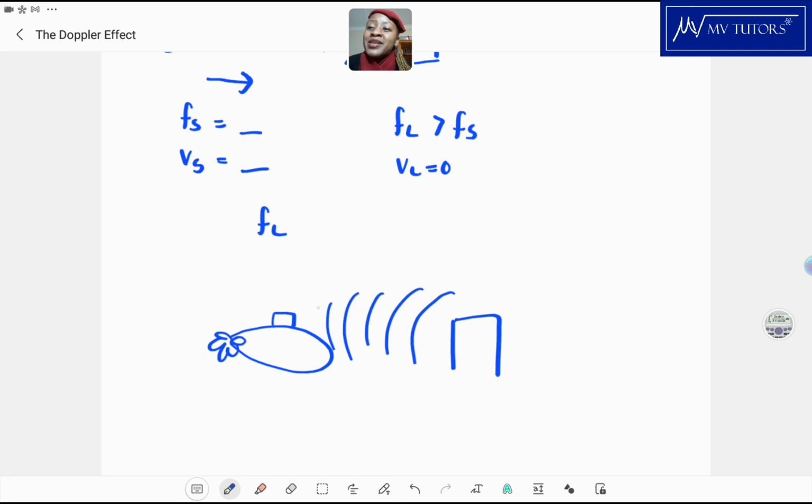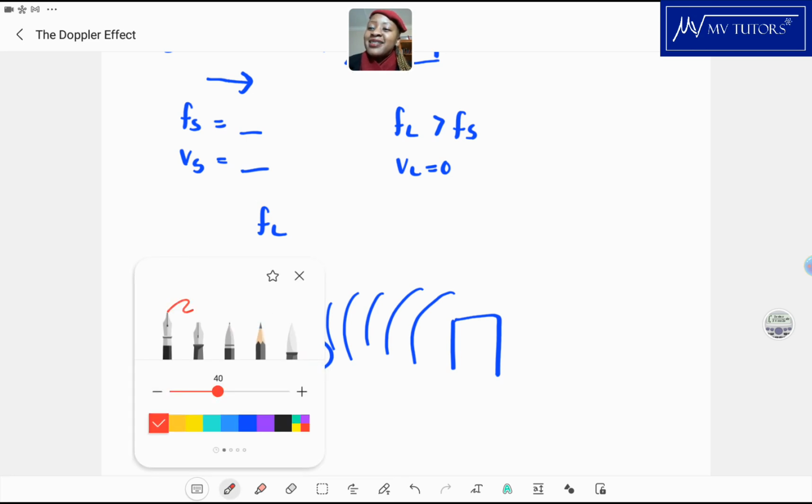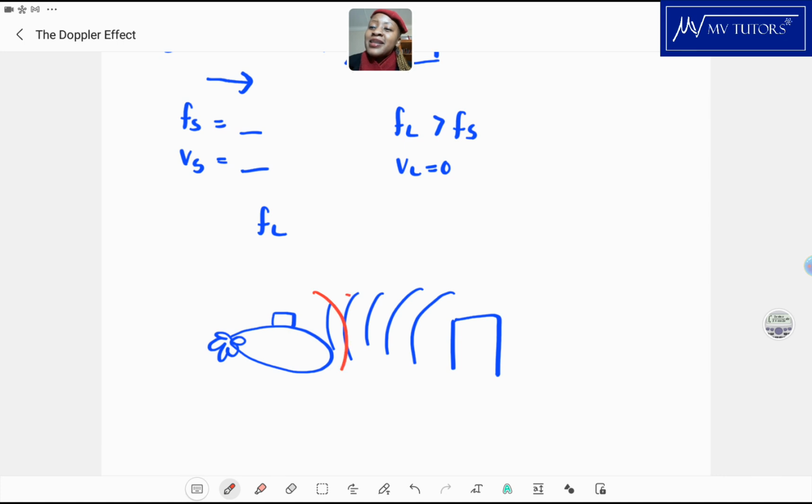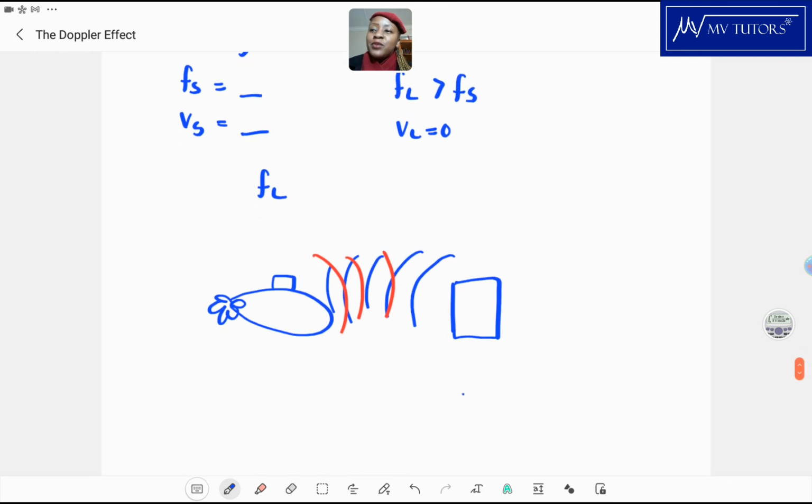So you have the waves coming from the submarine, and you also have waves reflected from the object. Now this becomes the frequency of the listener because of those reflected waves. Then you have the frequency of the source that you obtained there.